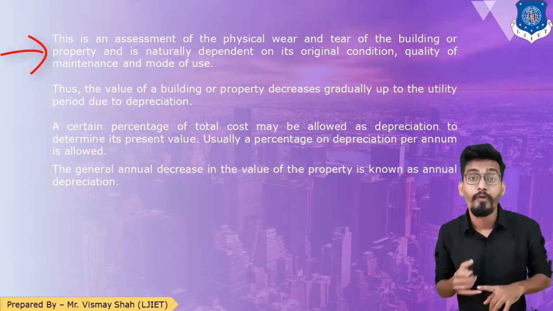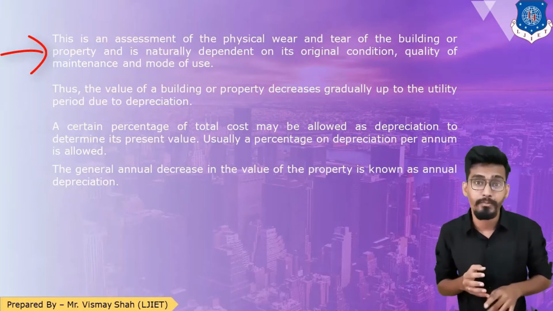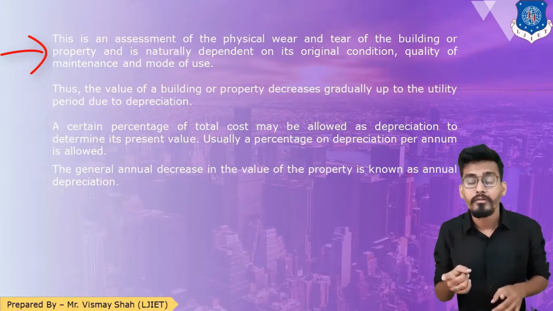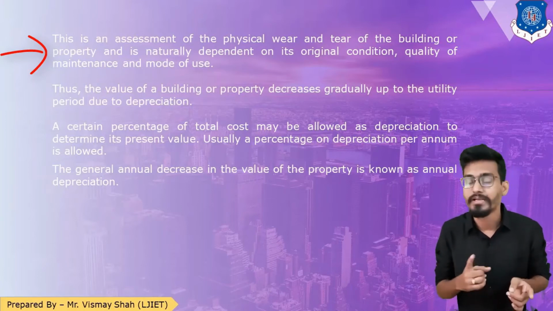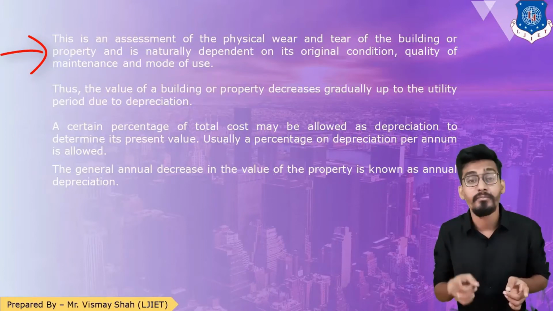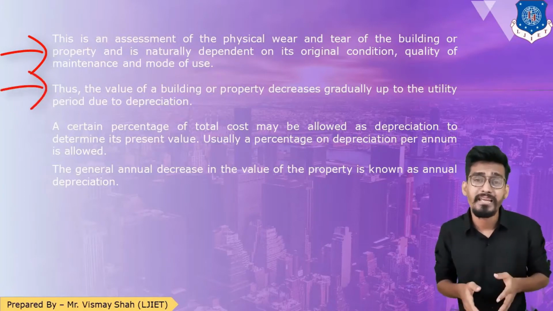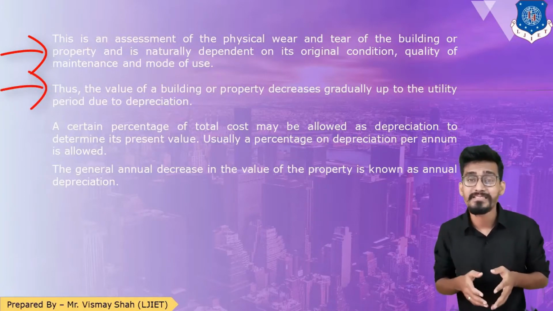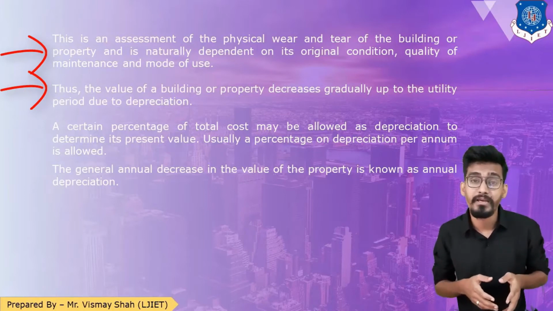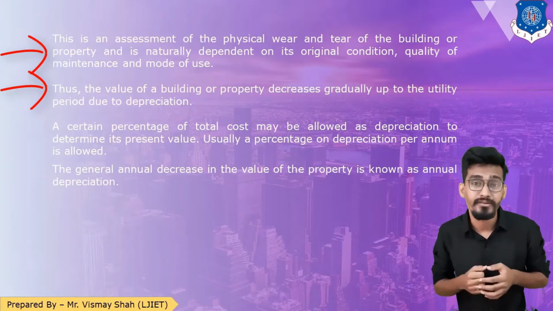Wear and tear of whom? The building or the property, depending on the original quality, the quality of maintenance, and the mode of use. Thus, the value of the property or the building gradually decreases throughout its utility period due to depreciation.